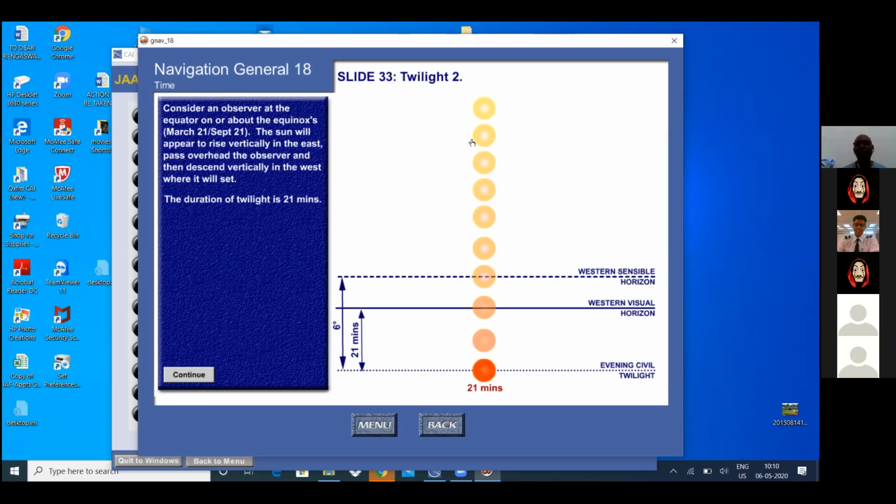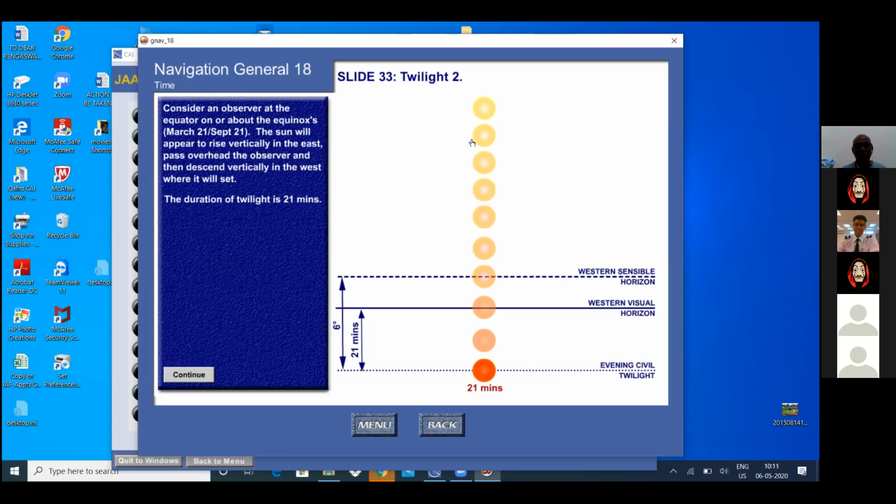Civil twilight is material to you because you'll be landing, taking off, and carrying out all operations during civil twilight. But the others are for you to understand and recognize. If a literature refers to nautical twilight or astronomical twilight, you must know what is meant by that. Clear?